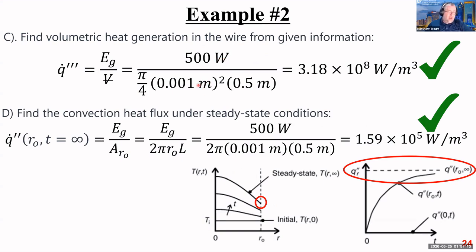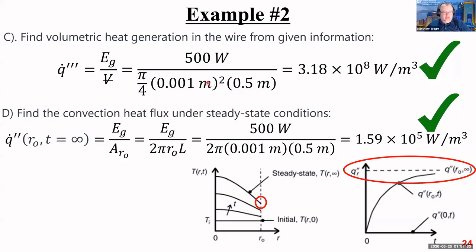The volume of the wire is just, it's a cylinder, right? So this is the length of the wire, this is the radius of the wire, and pi over 4 gets me from a diameter to a cross-sectional area. If I square it and multiply by pi over 4, that's cross-sectional area times length, that's volume.